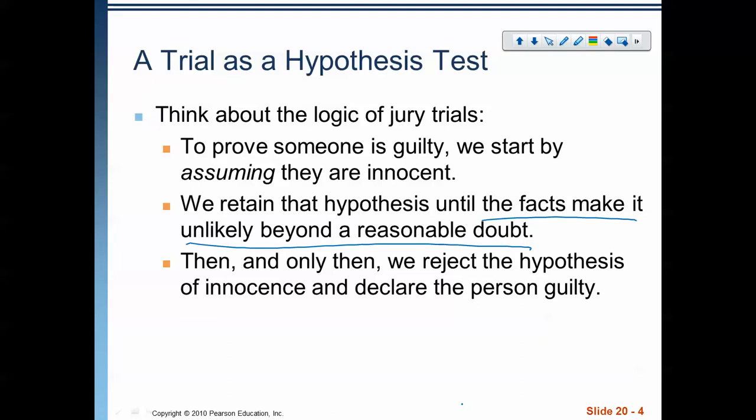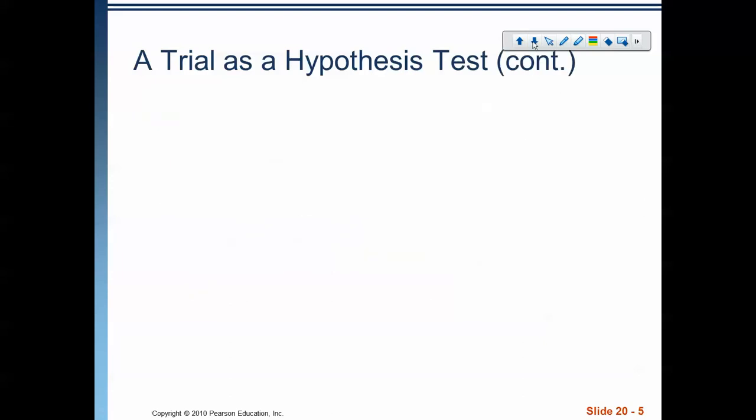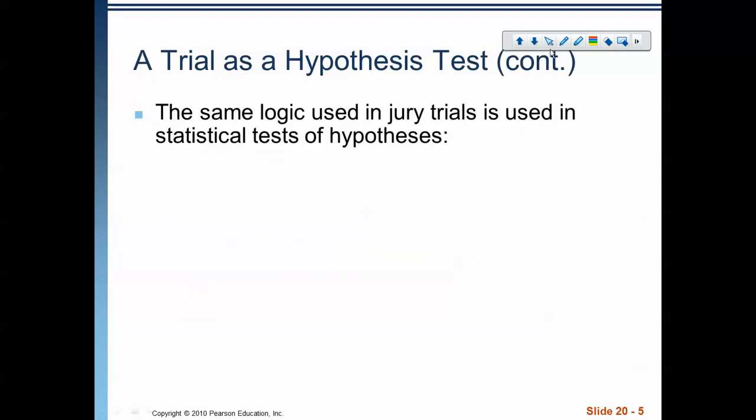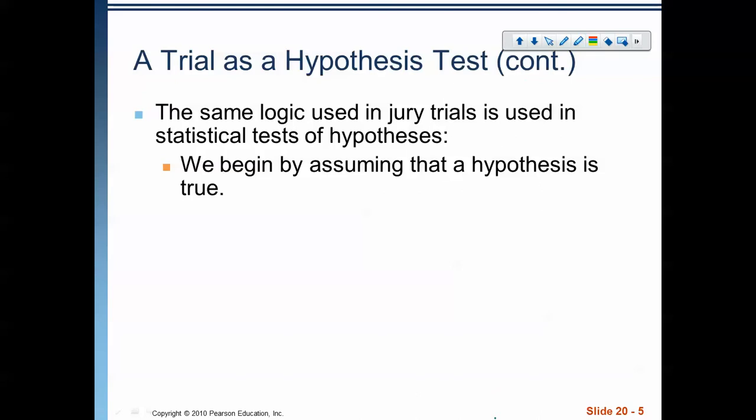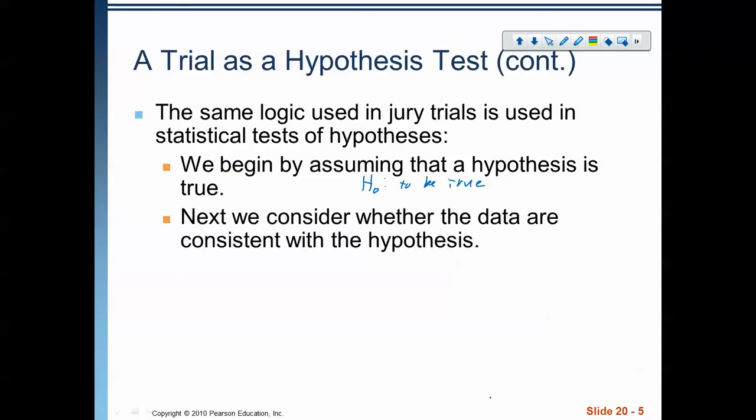We have the same logic on a hypothesis test. We are saying that H sub 0, the null hypothesis, we are assuming this to be true. And we're going to continue to assume that it's true until we can prove beyond a reasonable doubt. So we assume this is true.